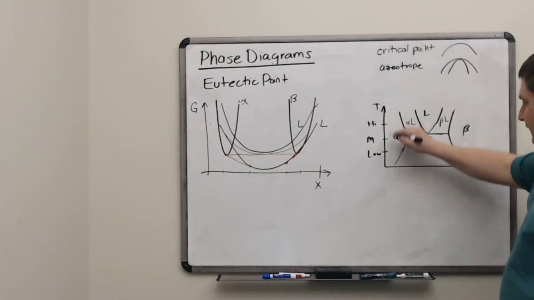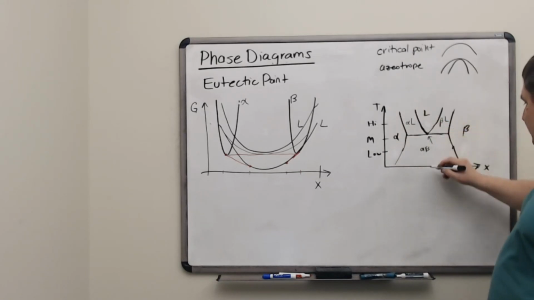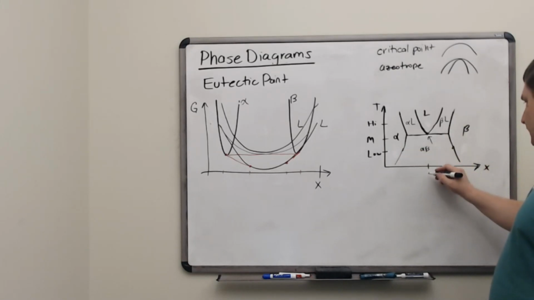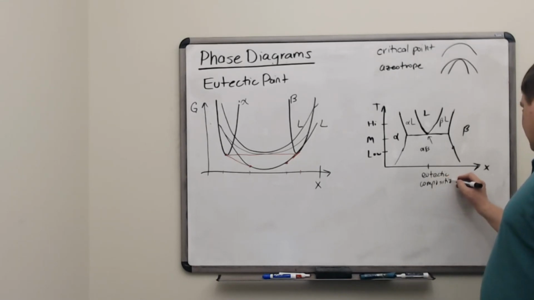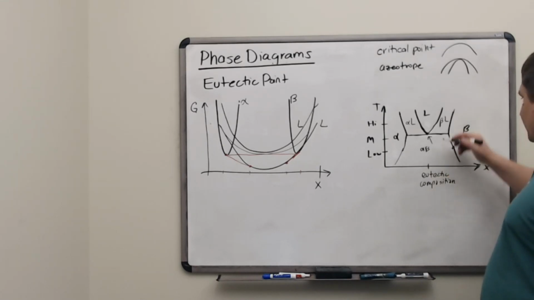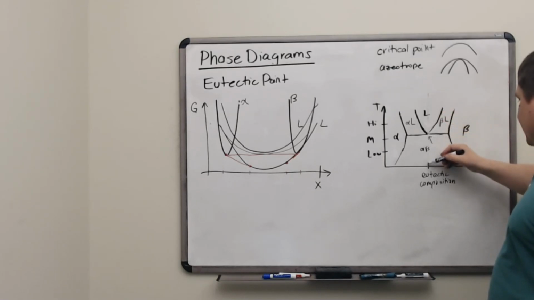If you make it low in fraction X, it might be alpha crystal all the time. But if you choose a specific ratio between the two parts of the alloy, called the eutectic composition, then what you get is the behavior versus temperature along this line.